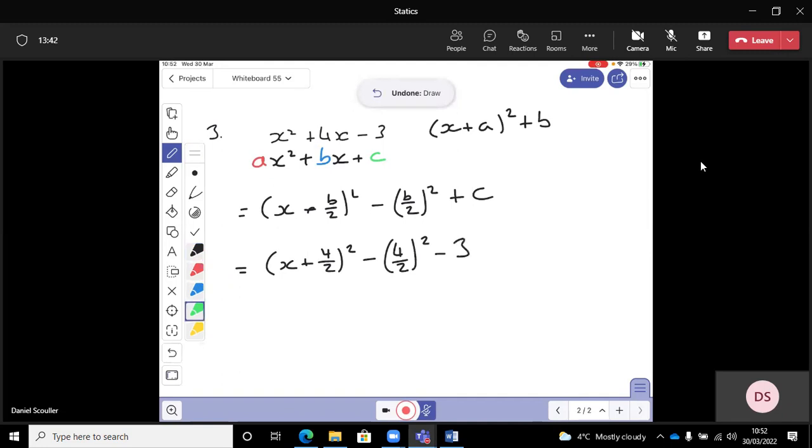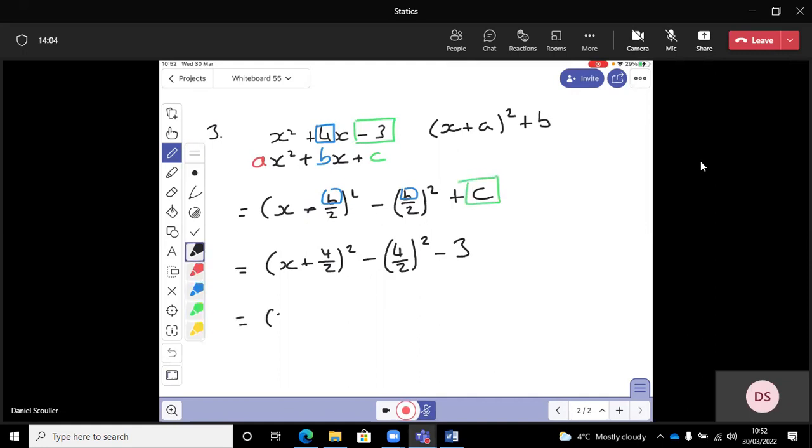Minus 3 because that term is minus 3. So we're substituting in b where there's b's and c where there's c's.